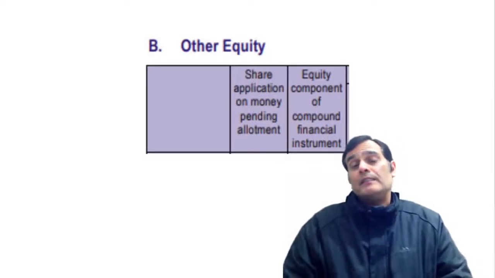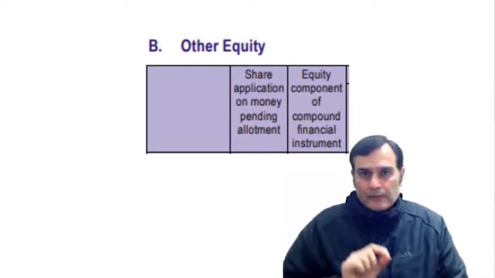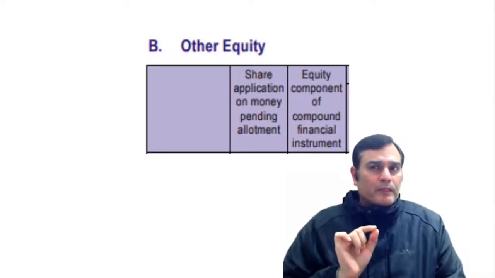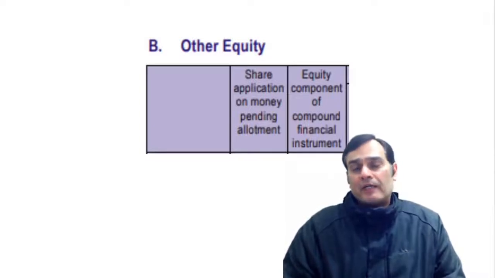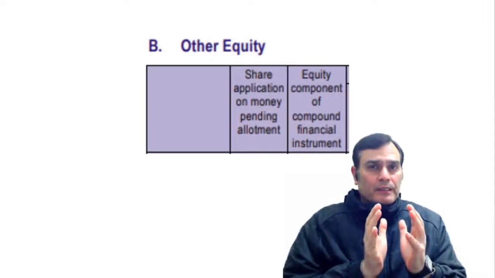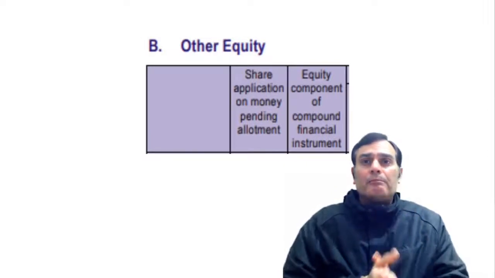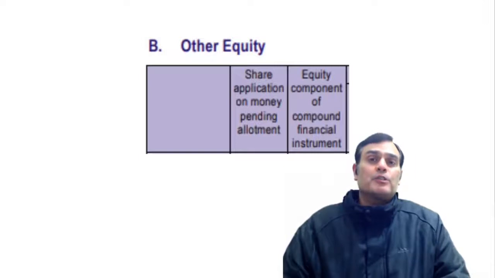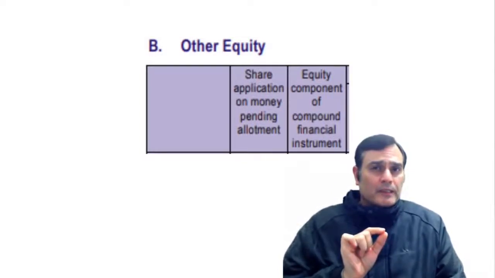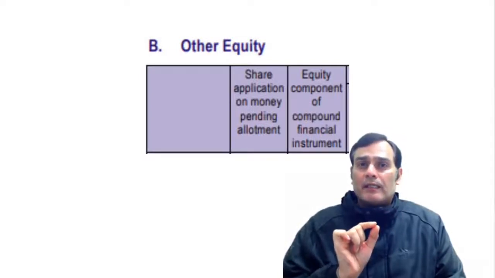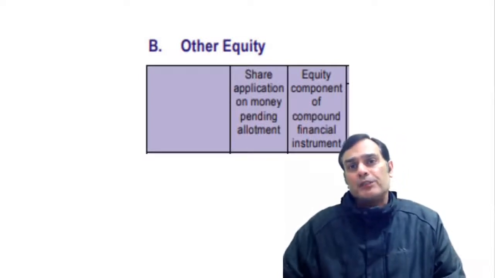Now here you can see tab number 1. Typically in tab number 1, my focus is more on the equity instruments of CFI, that is, compound financial instruments. This is the area where a company would issue a compound financial instrument. When a company classifies the instrument as a CFI as per Ind AS 32, you do split accounting and segregate the liability and the equity component of the instrument.